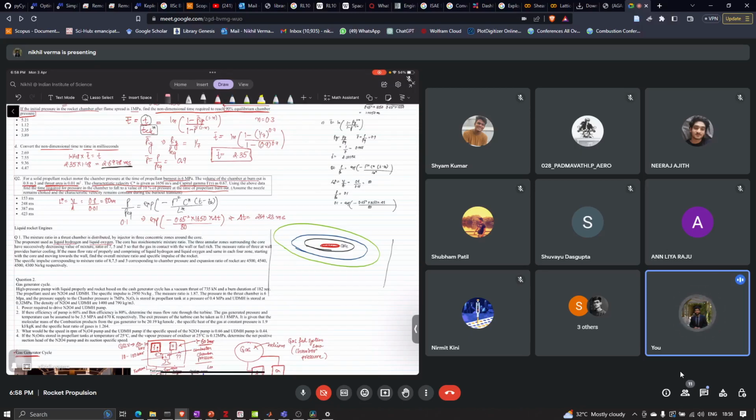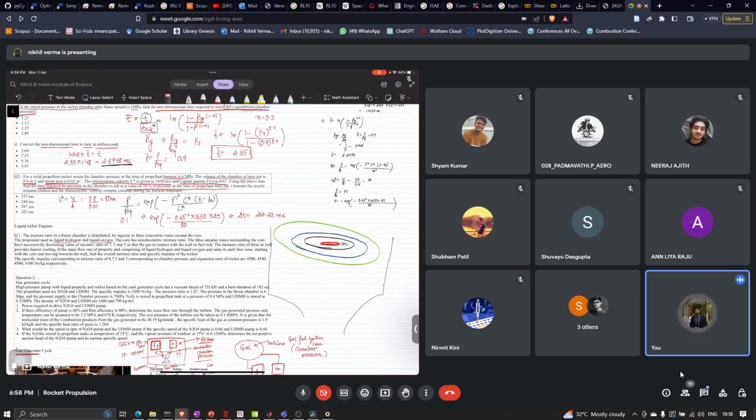This is the combustion chamber, and we have three different parts. In the injector plate, the core has a stoichiometric mixture ratio, so the fuel is supplied at stoichiometric condition. The three annular zones surrounding the core have successively decreasing values of mixture ratio, given as 7, 5, and 3, so that the gas in contact with the wall is fuel rich.